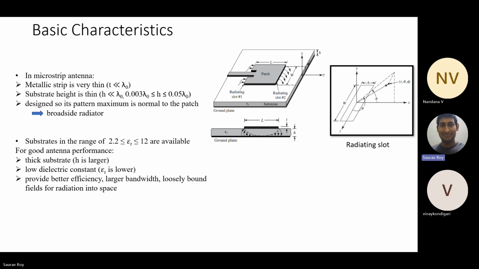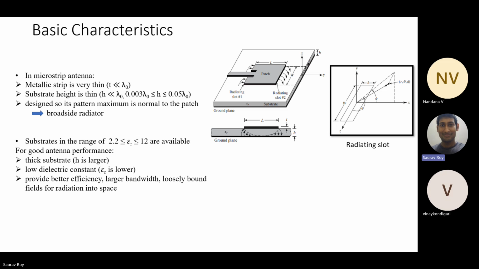Here it shows this top patch. It has some thickness, right? Generally, if you see normal fabricated hardware, the thickness is so thin that we don't consider it like this. A thick substrate we don't see. In the picture on the right side, there is a top view and side view, right?